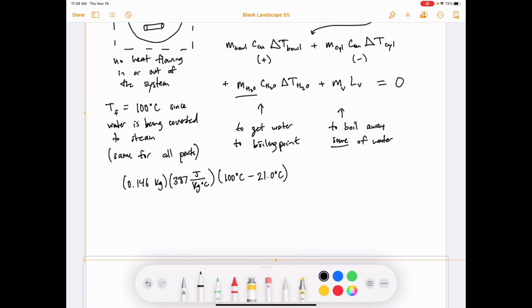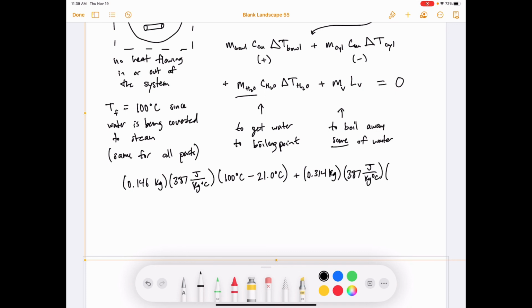Now, for the copper cylinder, the cylinder has a mass of 314 grams, which is 0.314 kilograms. It's also made out of copper, so we use the same specific heat, 387 joules per kilogram degree Celsius.